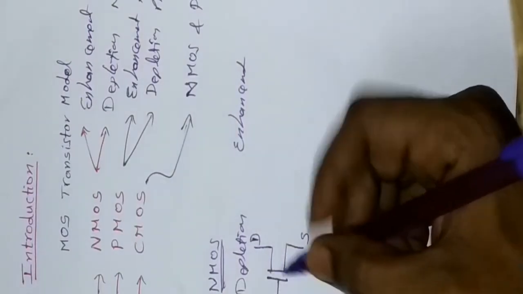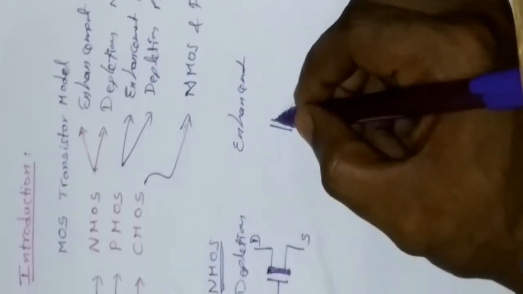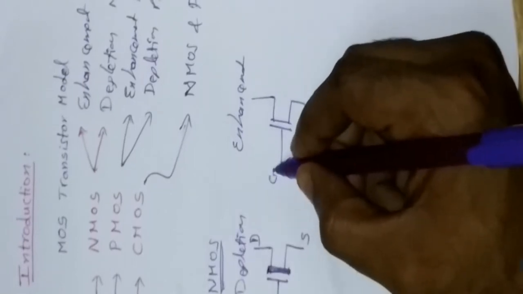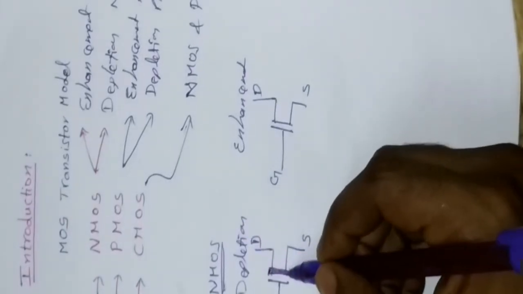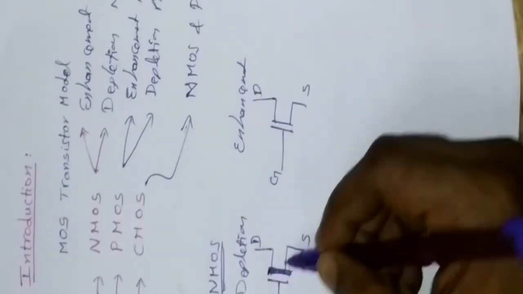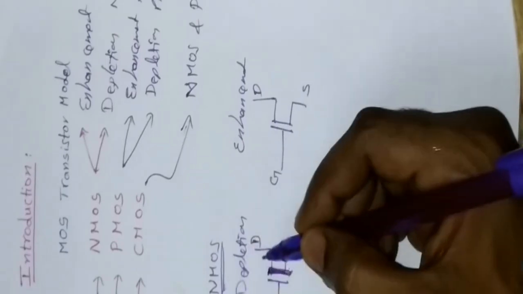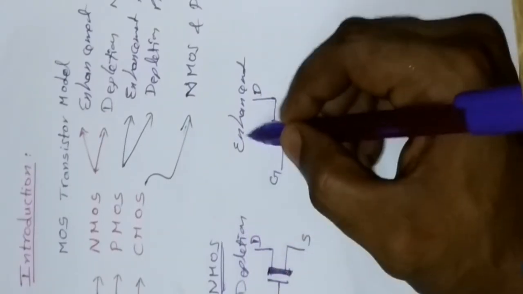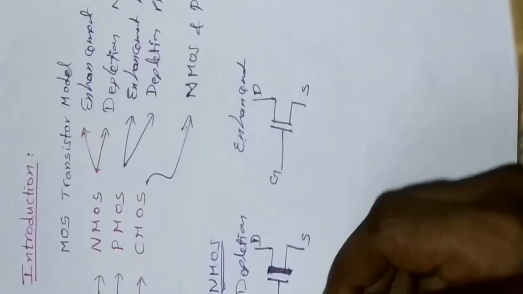Okay, that is for the depletion mode Nmos transistor. And coming to the enhancement mode, gate, drain, and source. Simply you can observe the difference here. The thickness of the oxidation layer should be more for the depletion mode transistor. Enhancement mode should be like this, and this is for the Nmos transistor model.